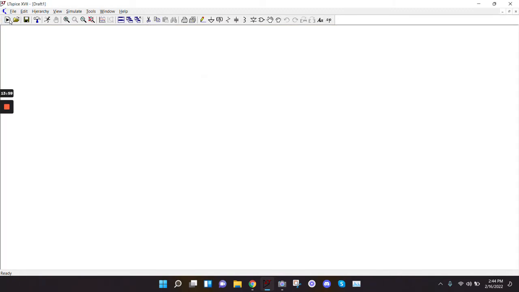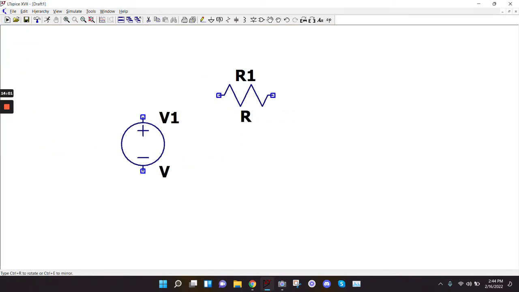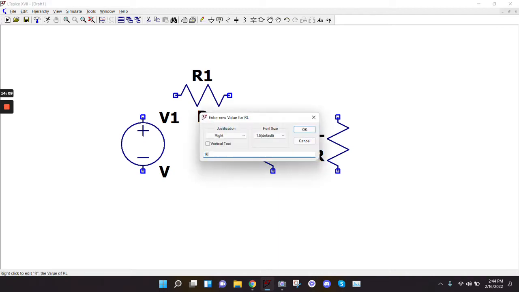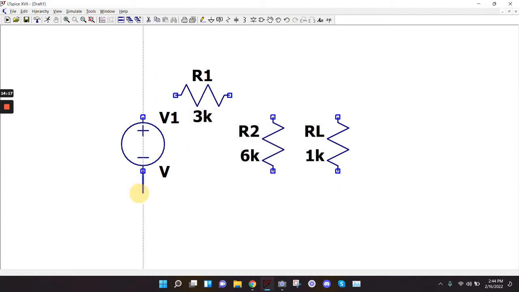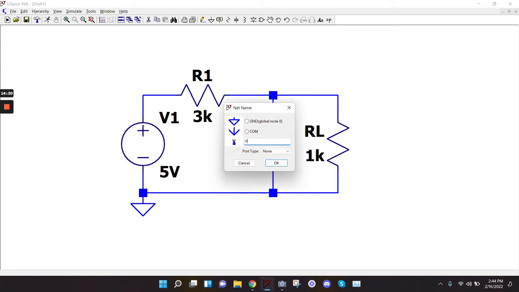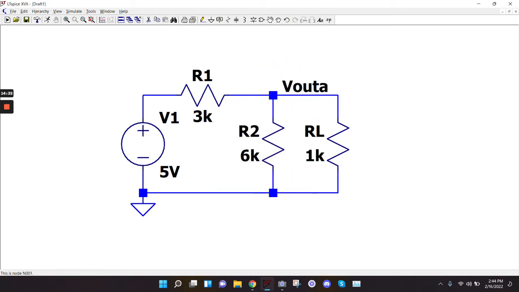So my original circuit is a voltage source and some resistors. I'll call this RL, just so we know that's our load. It's 1K, this is 6K, and this is 3K. This is 5 volts, and then this is V out A. I'll call this VI.